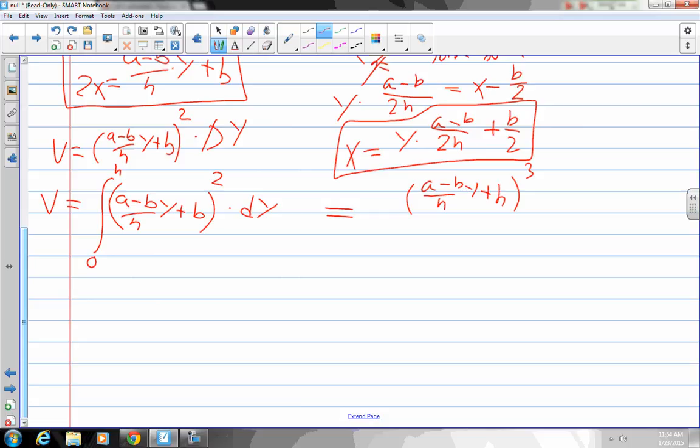And then I need to divide it by the slope. Think about this: if I take the derivative, I'm also going to need a 3. So I need to definitely divide by a 3 because of the 3. And I'm also going to have a derivative: a minus b over h will come out. So I need to multiply it by a minus b over h. So everything cancels when I take the derivative, right?